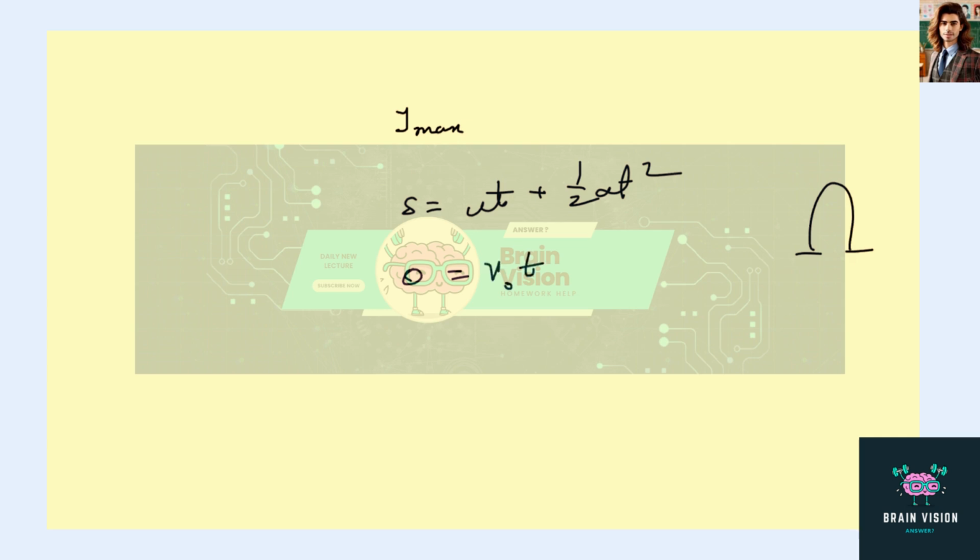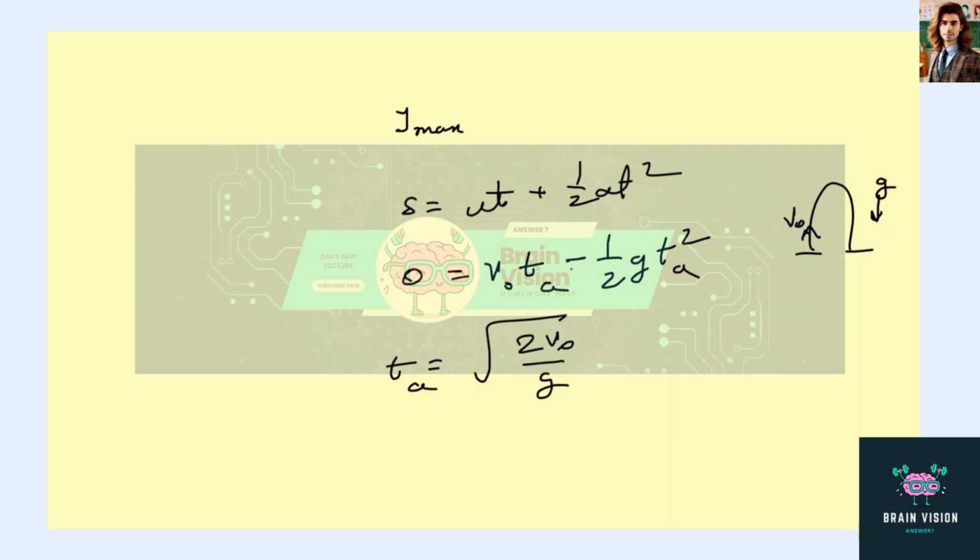So this is v naught t plus half gt square, and the acceleration will be negative g, so you can write minus half gt square because g is acting down while the velocity is directed upwards. So this is v naught, and acceleration is acting downwards, so a is equal to minus g. Let's say I'm taking t above to be equal to 2 v naught by g, right?